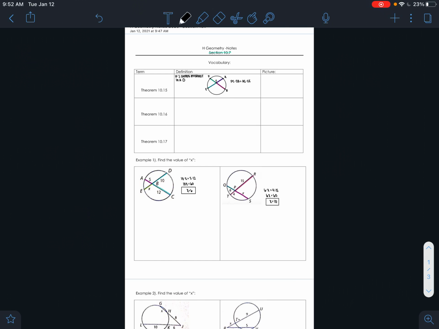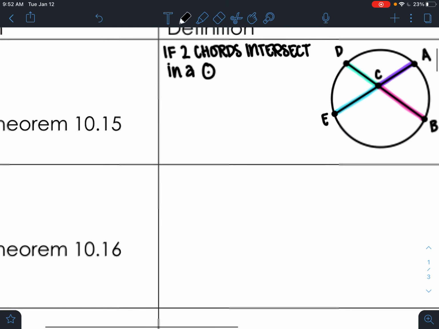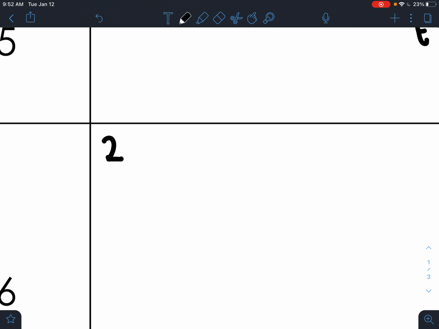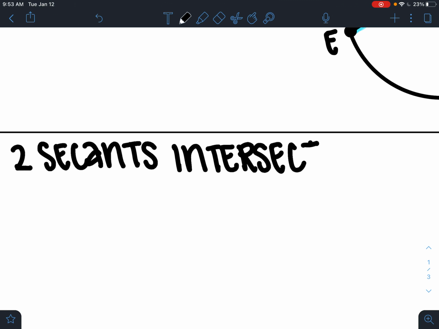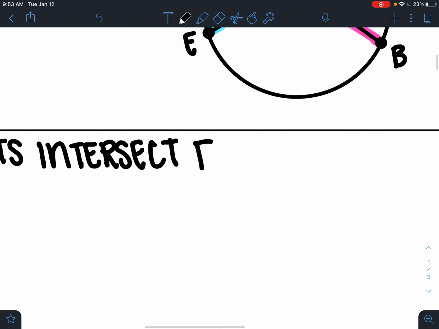Now we're going to look at two secants. This time, the two secants intersect from an exterior point.